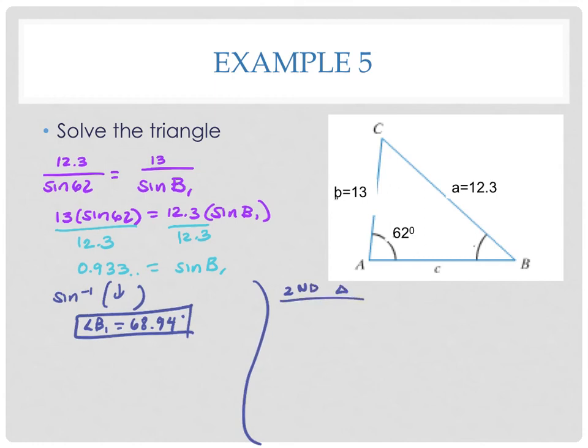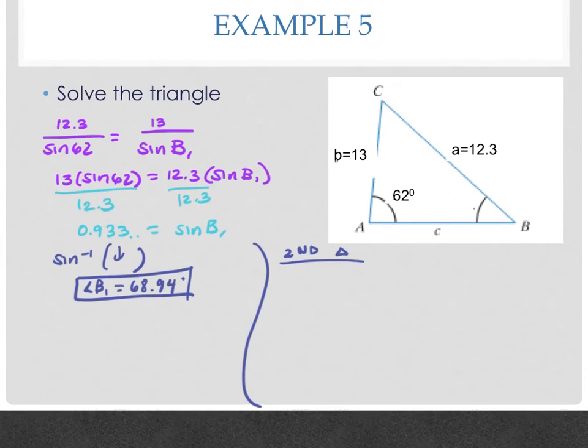Spoiler alert, there's going to be a second triangle this time. And that would be angle B2 is 180 minus angle B1. 180 minus 68.94, which is 111.06.